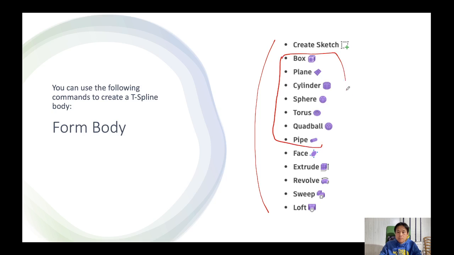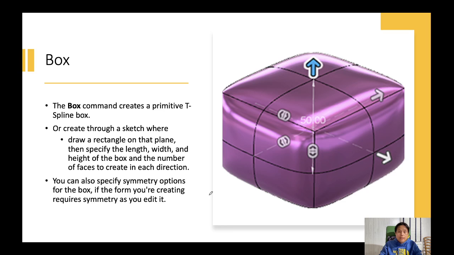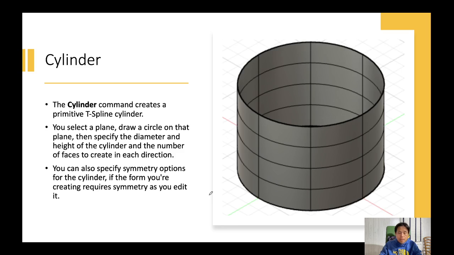These are primitives of form. And also you can extrude, revolve, sweep, and loft as you did in solid modeling. I will give you time to practice box, plane, and cylinder by yourself, and then I will come back with your second assignment.